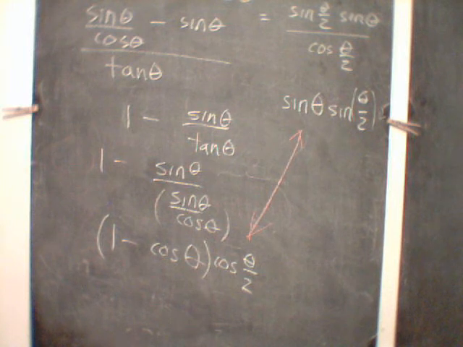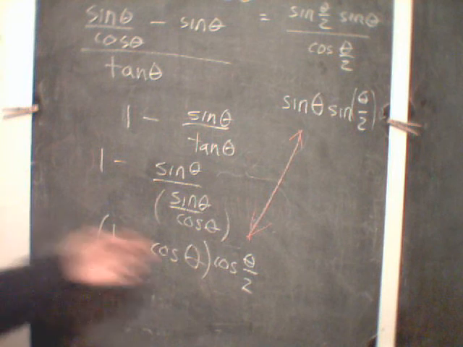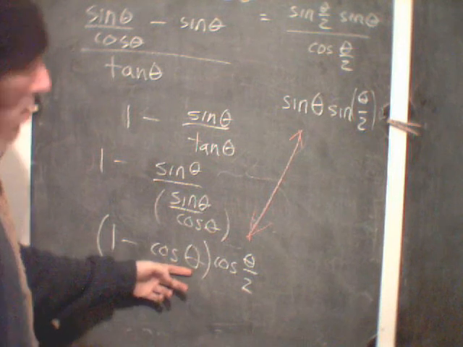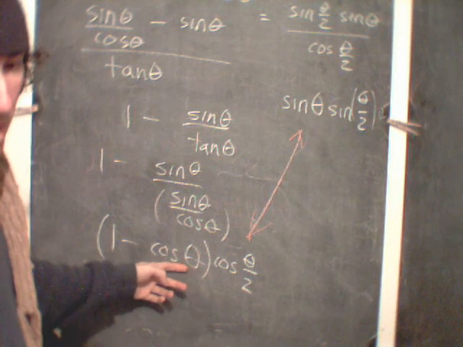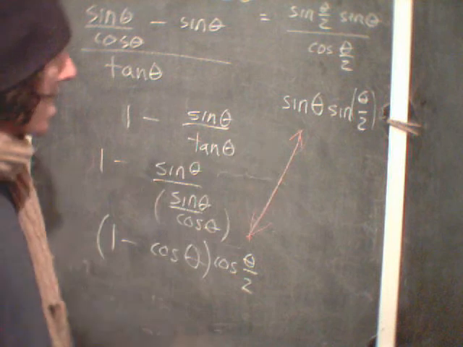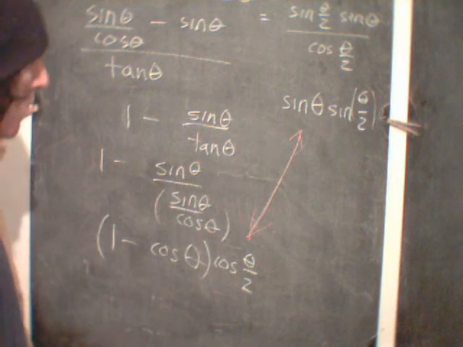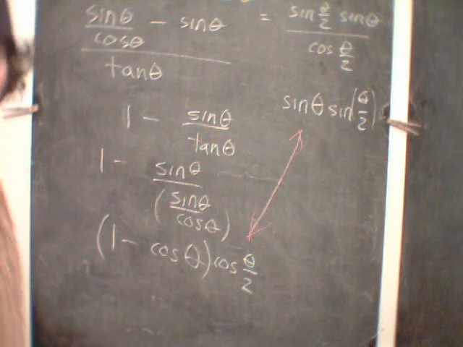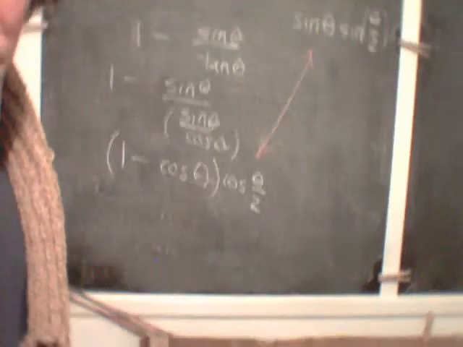So that means that you have to keep going, and the only thing that you can really do is convert. You have to convert the cosine theta and sine theta into double angle formulas. It does require, I guess, a little bit of experience.